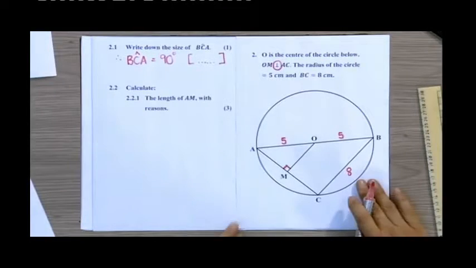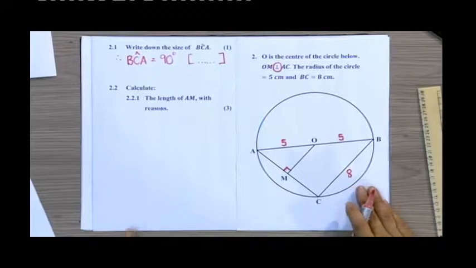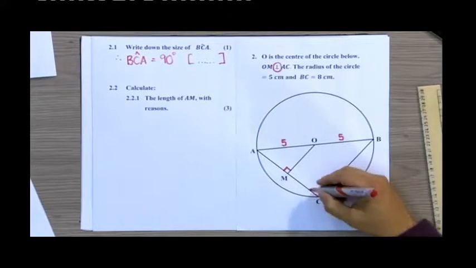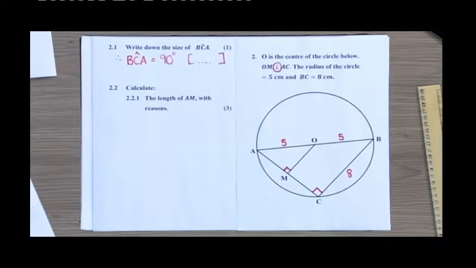So let's continue. If angle BCA is equal to 90 degrees, we can immediately put the 90 degrees there. Now learners, you can see something.